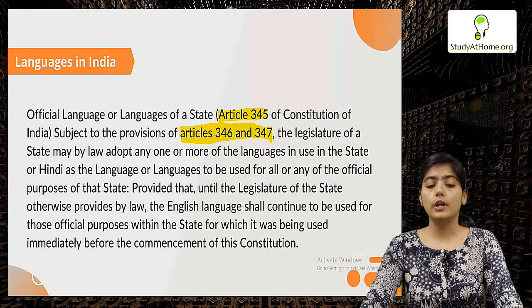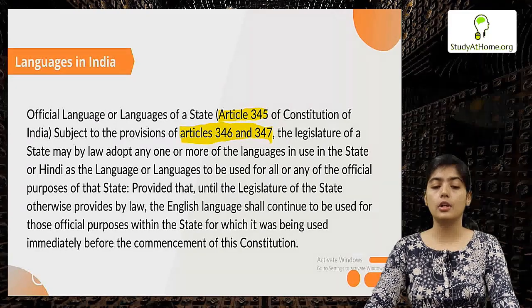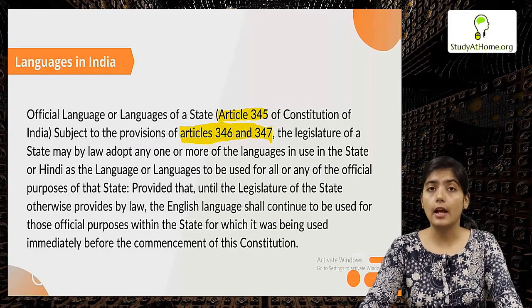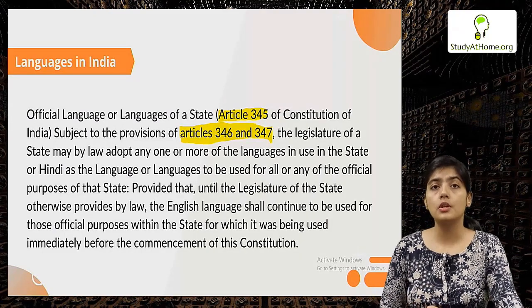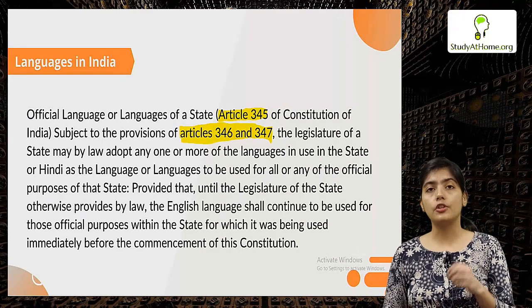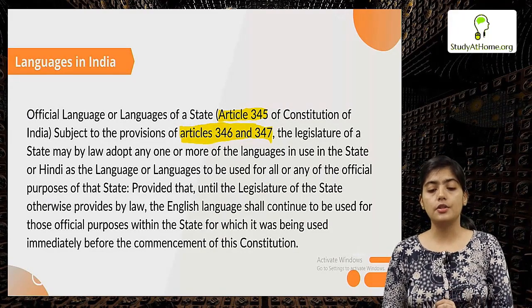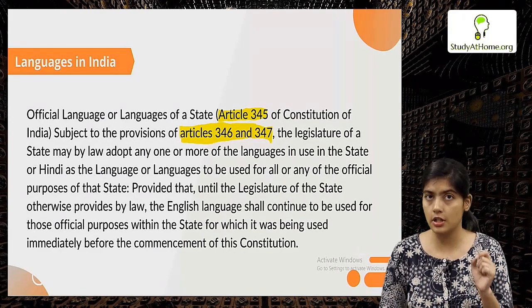Here you can see that Article 345 of the Indian Constitution has provision regarding the state languages, which language the state has to adopt, which language would be the official language of the state. That is mentioned in our constitution, Article 345, 346 and 347.